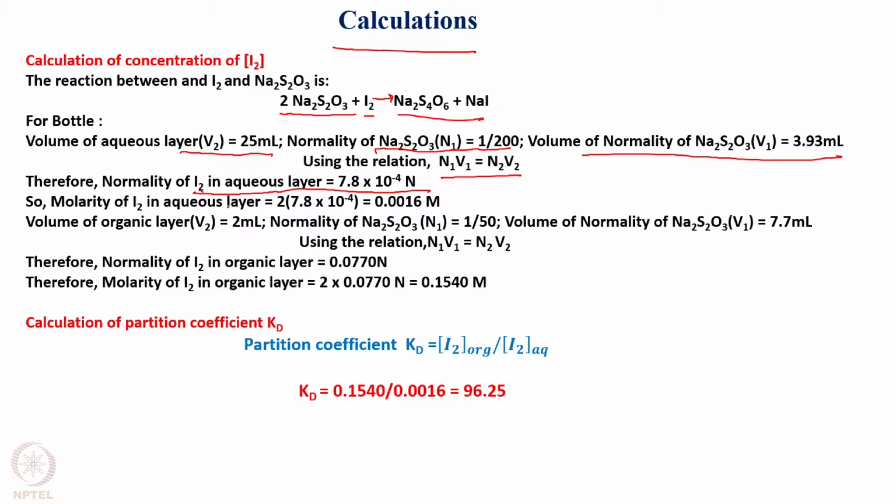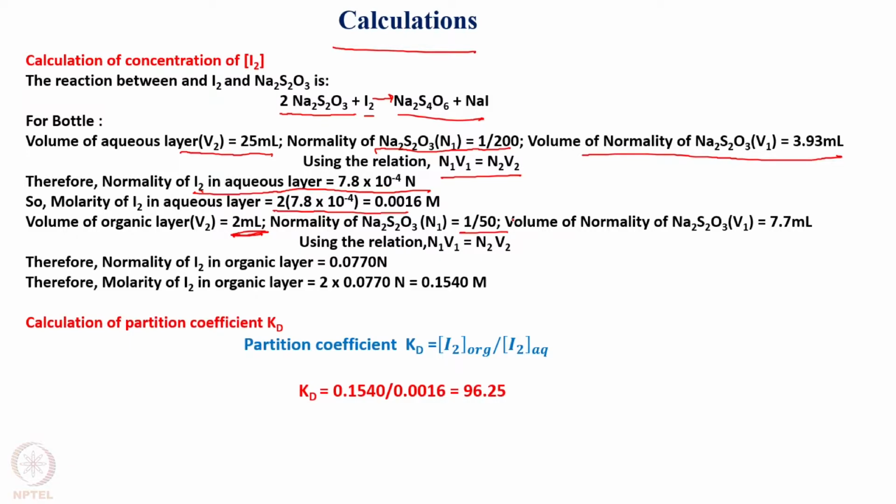The molarity of iodine in the aqueous layer is given by twice the normality, which turns out to be 0.016 normals.